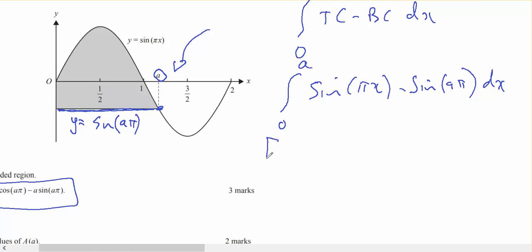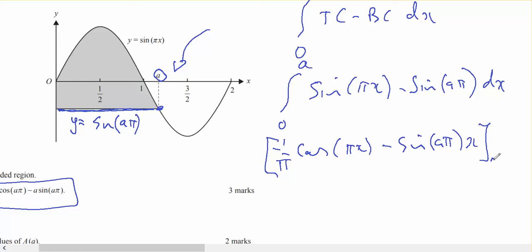So that's going to be, the integral of sine is negative cos of pi x. The derivative of this, so that's negative 1 on pi. This is just a number, so minus the sine of a pi x from 0 to a.